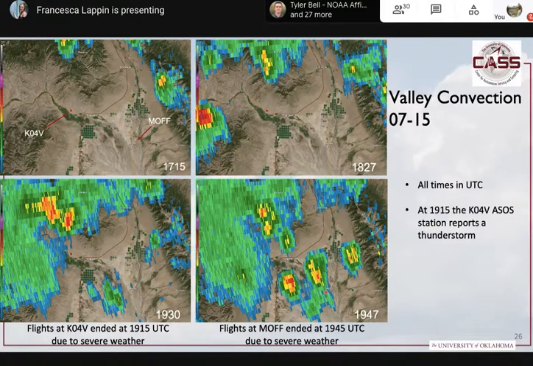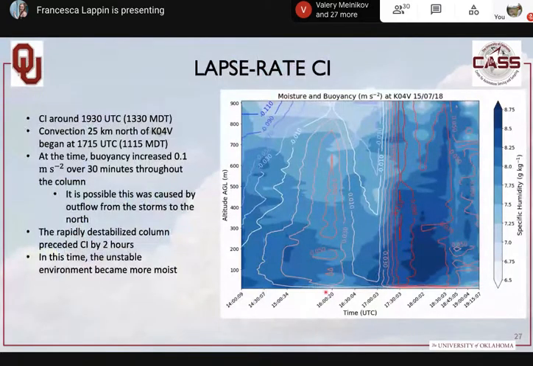So wanting to look at how buoyancy and moisture evolved at those 2 sites to see why there was a difference in convection. So at 1715, convection started just north of the Sawash site.